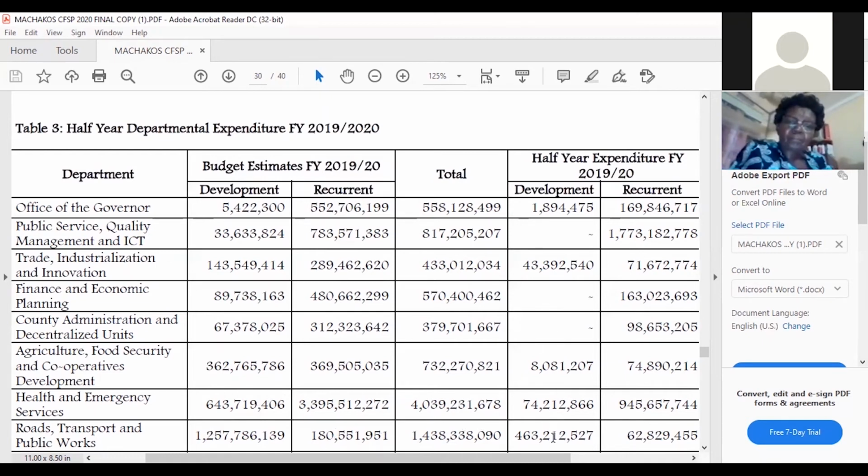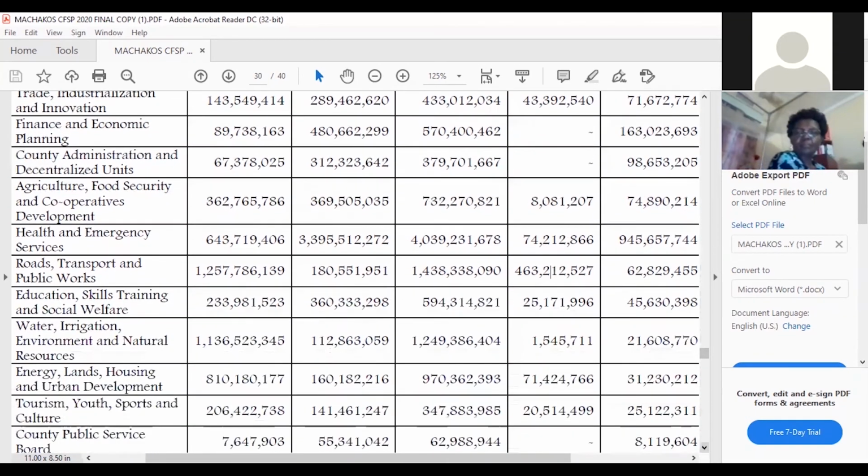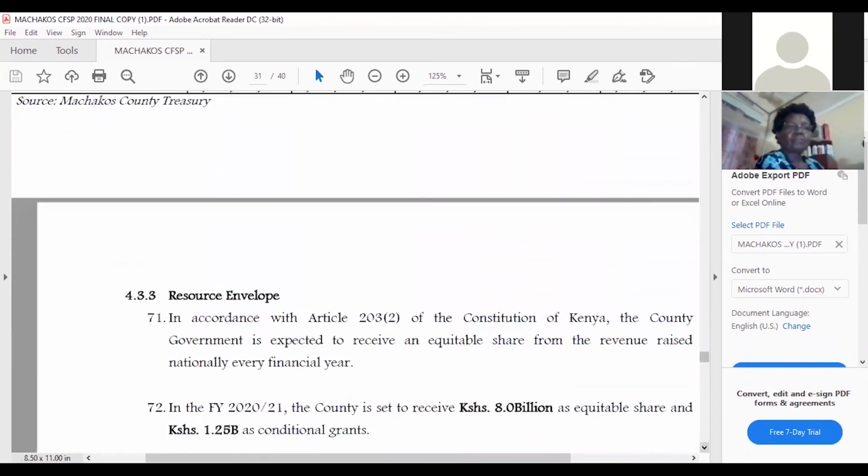And in the past 6 months of 2019-2020, for health development, they had received 74,212,866, while recurrent they had received 945 million. So with roads they had received 463 million and recurrent they had received 62 million. So you can see those particular changes.